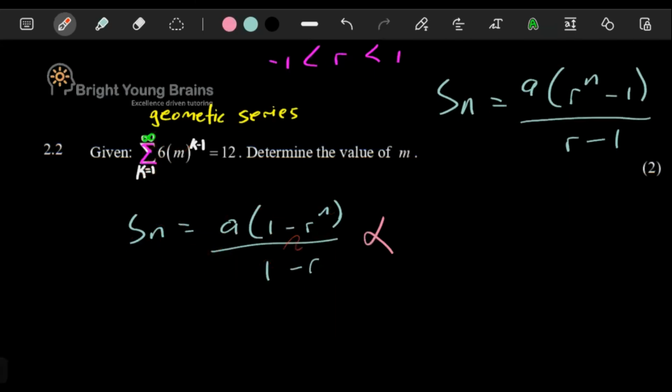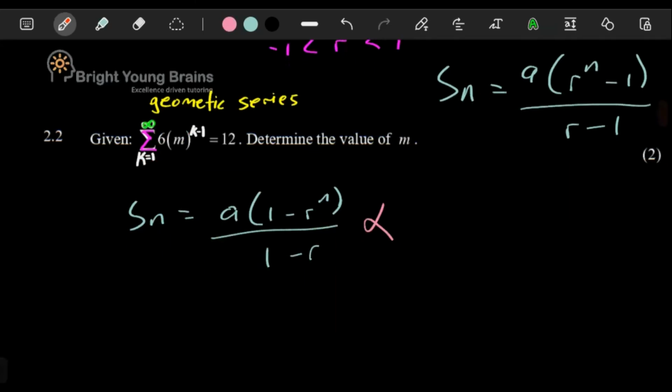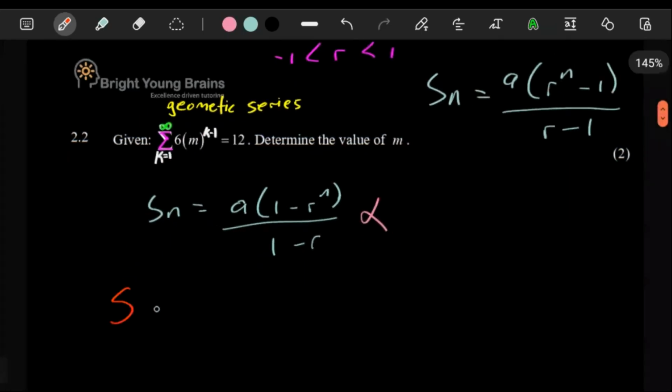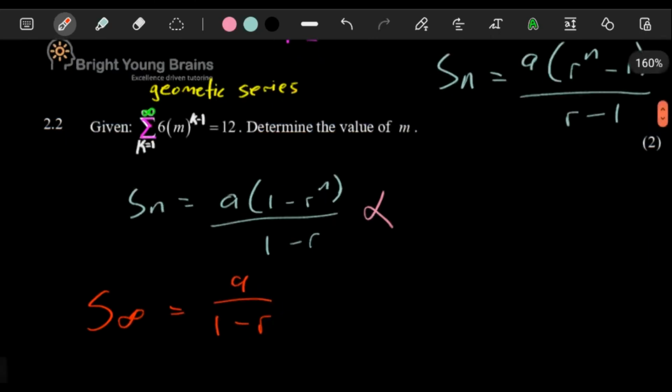You don't know. So since you're going to infinity, the only viable option is the sum to infinity formula. So you'd automatically be thinking of this formula once you see this expression. What you're now seeing is you're adding up terms from the first one up to infinity. This is the general term, and the sum to infinity is 12. That's what this expression is saying.